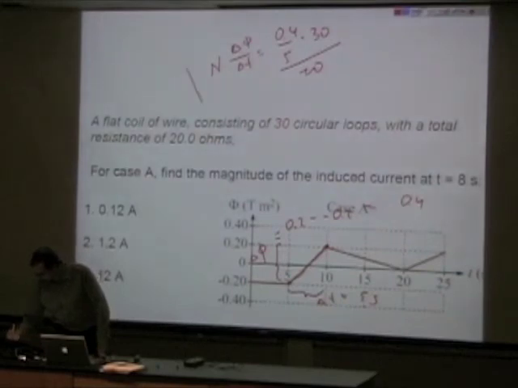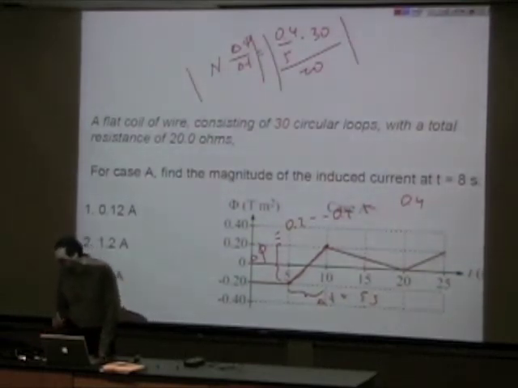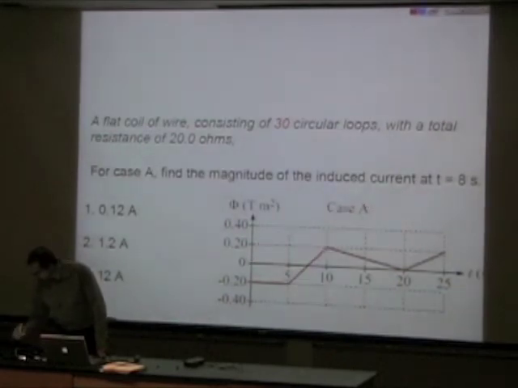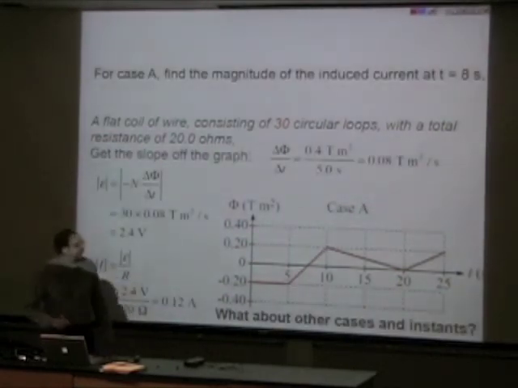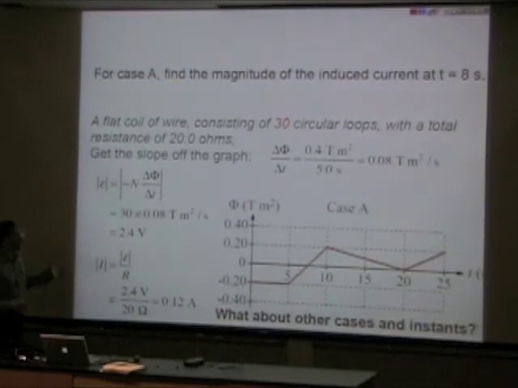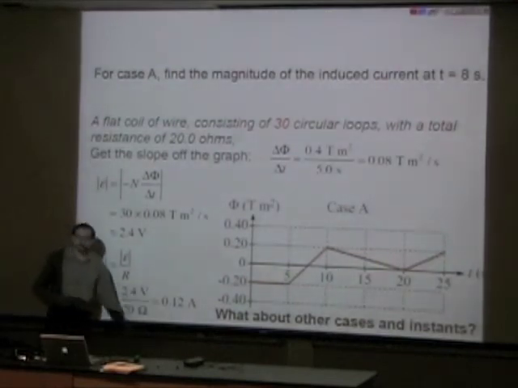Well, we are looking for the magnitude, so minus doesn't matter. We just use absolute values. Well, this is a clearer writing for this particular calculation, and the answer is 0.12 volts.